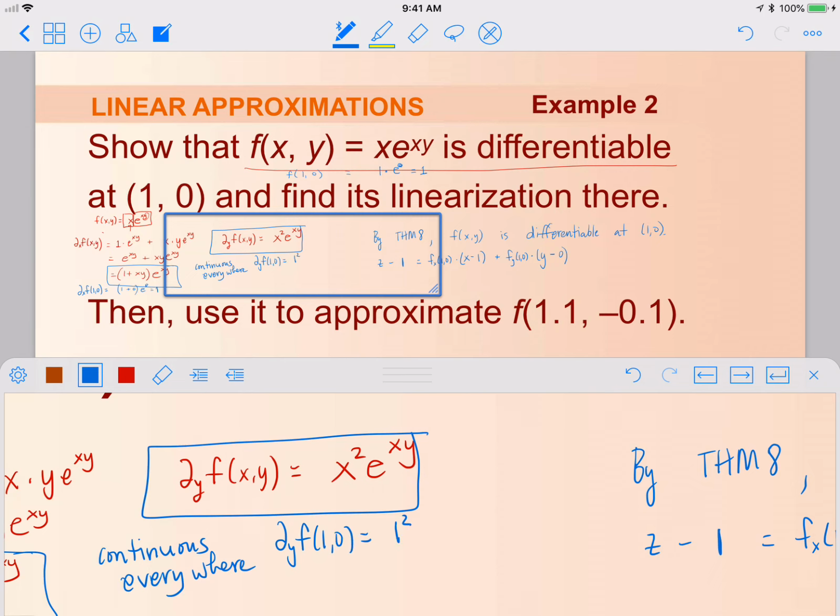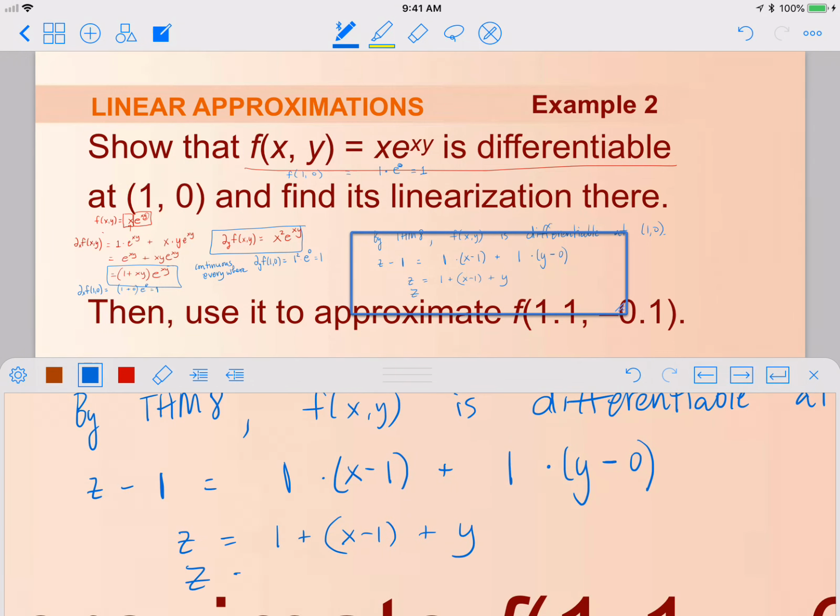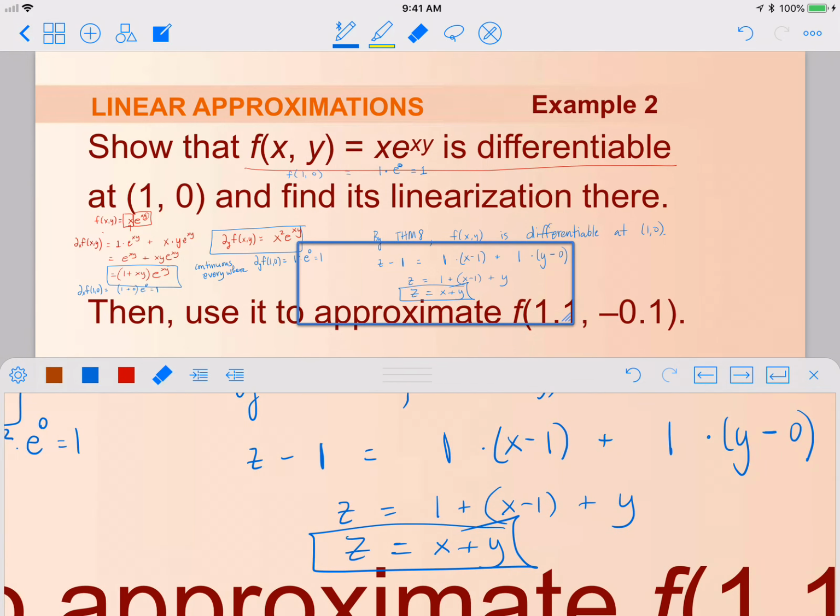That's going to be 1 squared times e to the 0, which is equal to 1. Okay, so everything is just 1. So we'll get z equals 1 plus x minus 1 plus y. So it's just z equals x plus y. So that's our linearization. So let's put here L of x y.